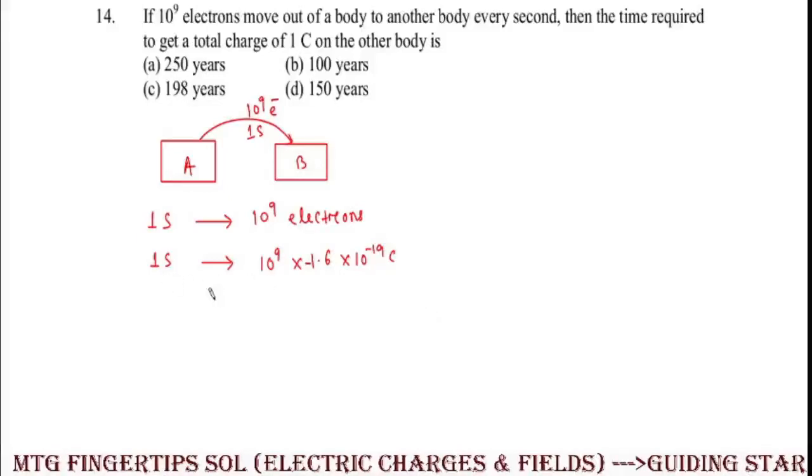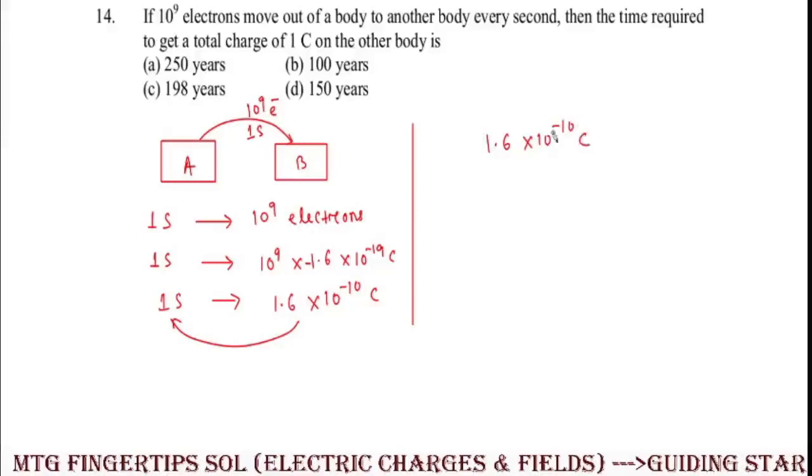So the total negative charge that has moved from body A to body B is 1.6 into 10 to the power minus 10 coulomb. Okay, fine. Alternately, we can say that 1.6 into 10 to the power minus 10 coulombs of negative charge has moved from body A to body B in 1 second.